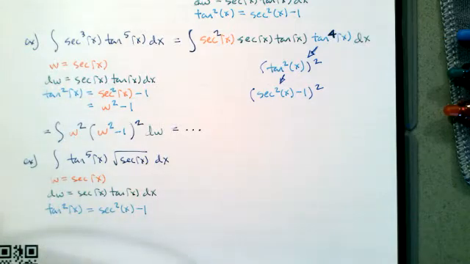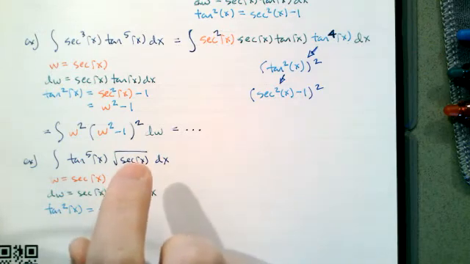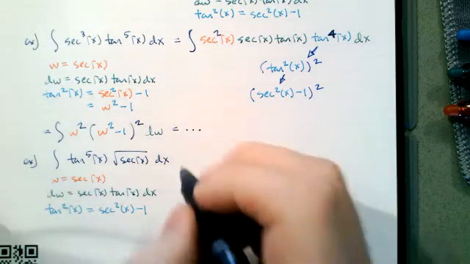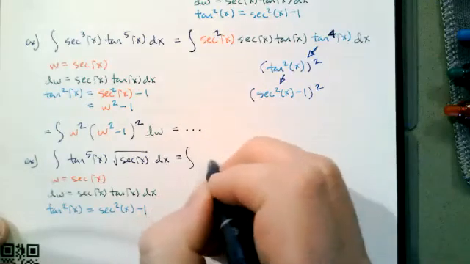Saving things for dw, we have a secant to the 1/2 power, and I need a full secant of x to be the dw. So I'm going to subtract 1 secant from this 1/2 power. And I'm going to read this as a tangent to the 4th.